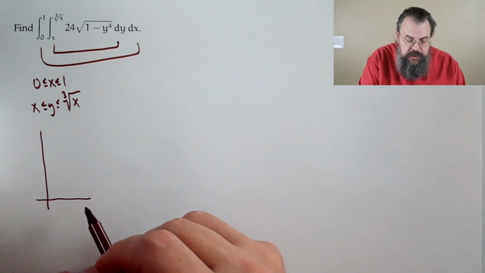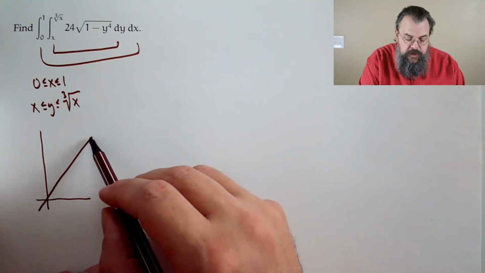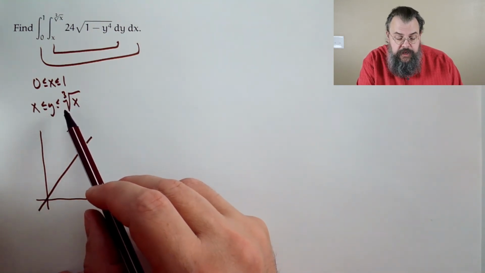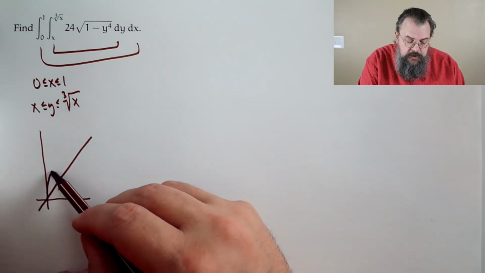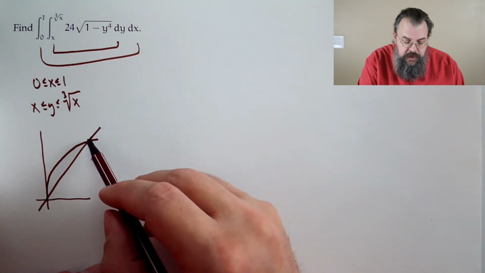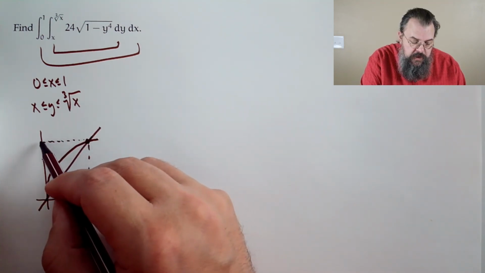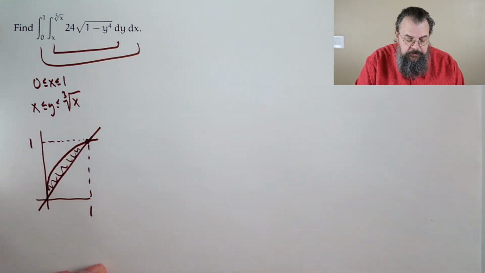If we draw our picture here, well, y equals x, that's pretty easy to draw. And then here, think of y equals the cubed root of x. Well, that's not so bad either. Cubed root of x does something like this. And they happen to intersect at 1.